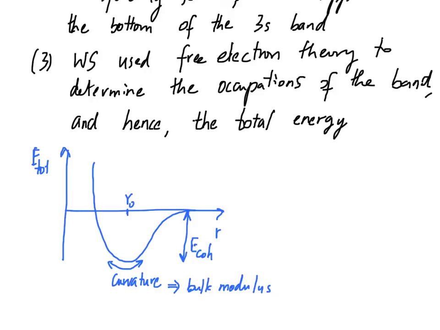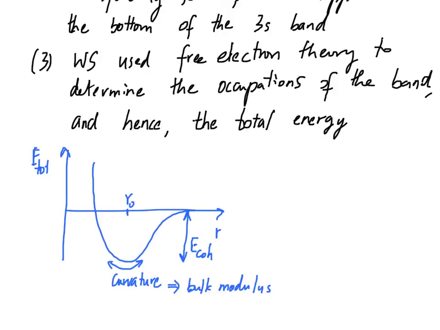So here is a plot of the total energy as a function of the internuclear separation R. The total energy goes through a minimum, and the minimum occurs at a value R naught, which can be related to the lattice parameter. So you can actually determine the value of the lattice parameter using this entire scheme.